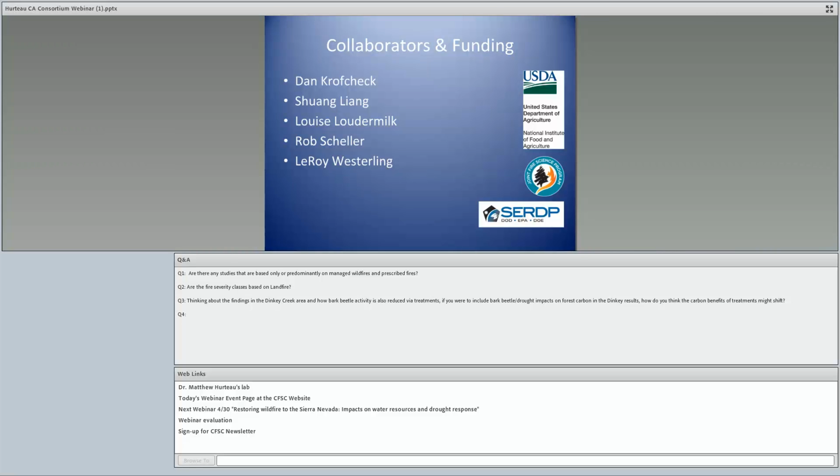Where we've got beetles and treatments all interacting, it doesn't look like we get the same kind of knock-on effects in terms of reducing beetle outbreaks, if I'm remembering the results correctly, as we do from the effects of treatment on altering high severity fire risk. And I see on the chat that Rob said that's correct, so my memory has not failed me, thankfully.